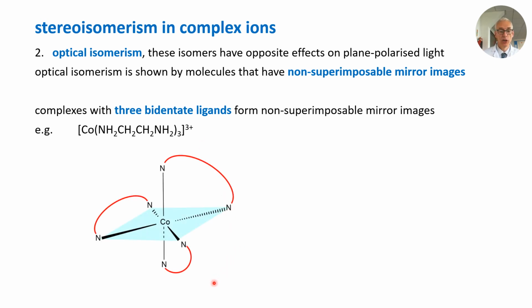Here is a representation of the complex, central cobalt, focusing on the nitrogens which donate the lone pair of electrons. We've got 3 bidentate ligands.